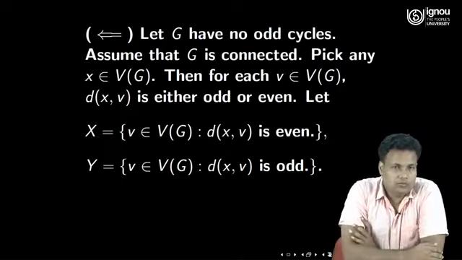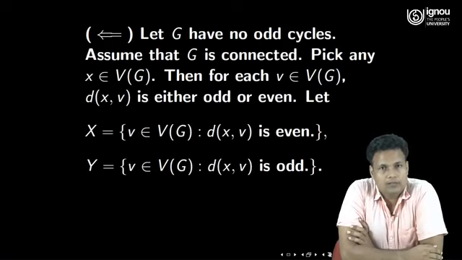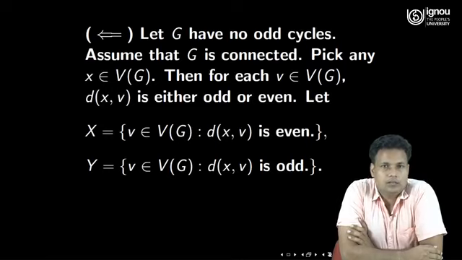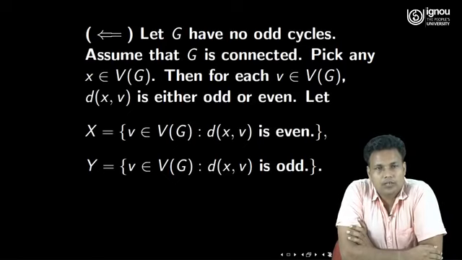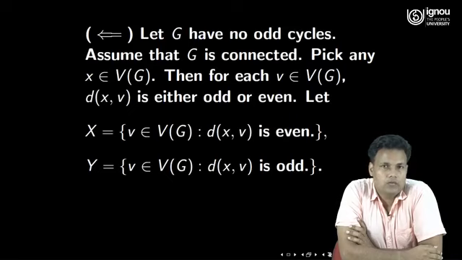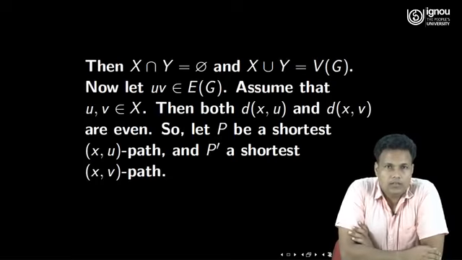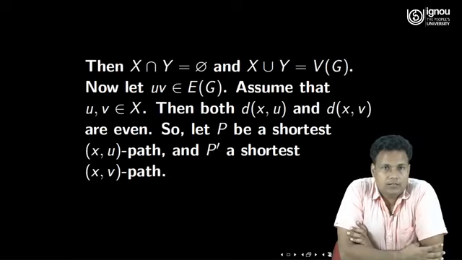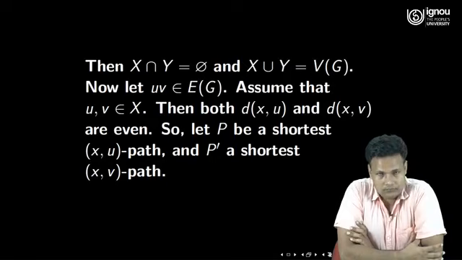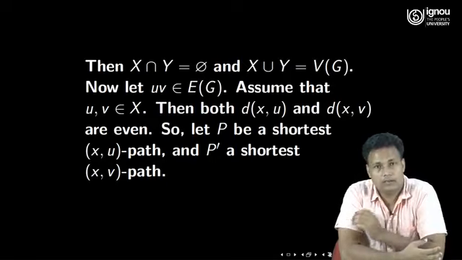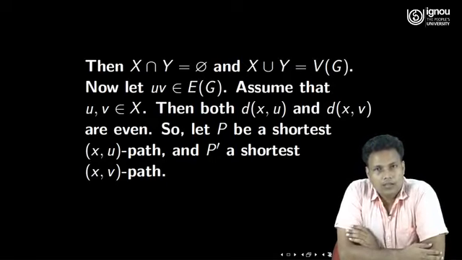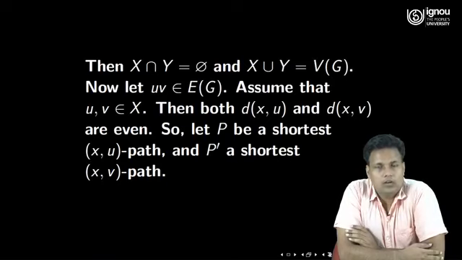Okay. Now, to prove that G is bipartite, we have to show that X and Y are the partite sets of G. So, first we have to show that X union Y must be the whole vertex set V(G), and you can see that X and Y are disjoint by definition, and their union is also V(G).